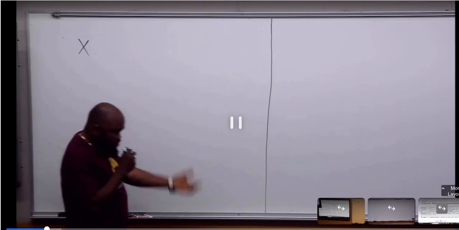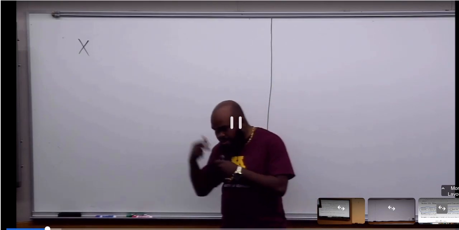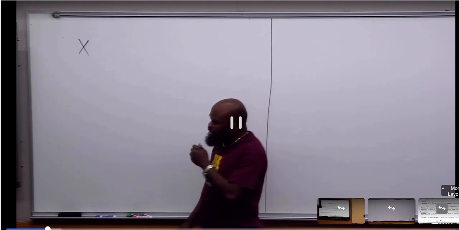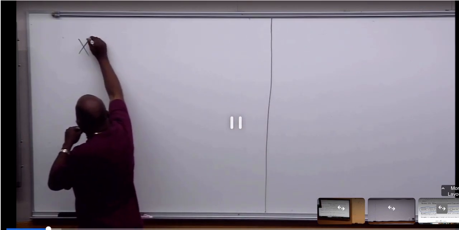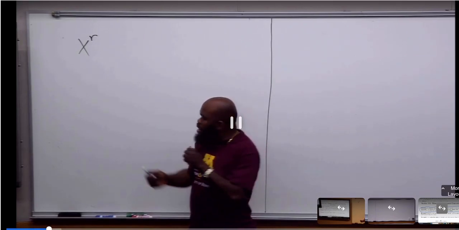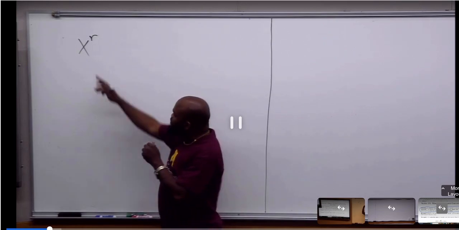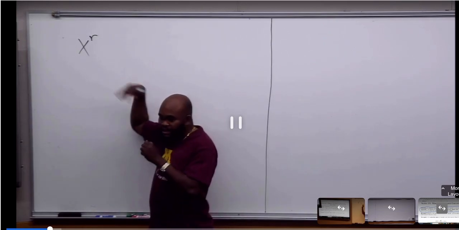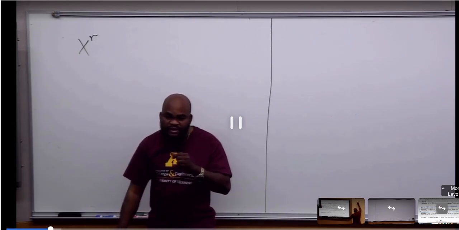If this random variable X is raised to a power, let's say r, and that power is a constant, the whole thing is still going to be a random variable that we can also think about.